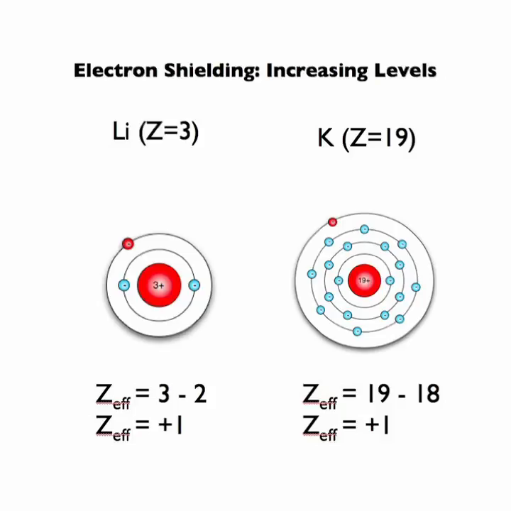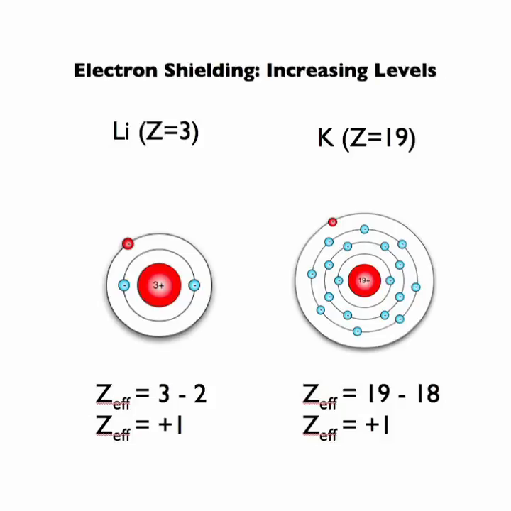When we go down to N equals 4 in the periodic table, we're going to look at potassium. Potassium has an atomic number of 19, so it has 19 protons and 19 electrons. It has 4 N levels. 2 electrons go into N equals 1 for potassium, 8 in N equals 2, 8 in N equals 3, and 1 in N equals 4.